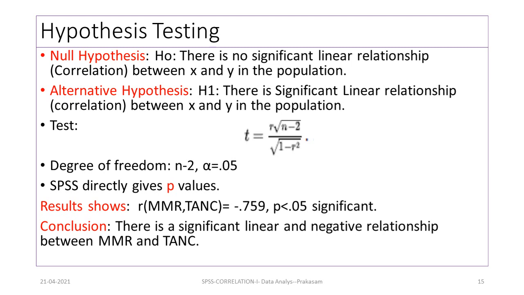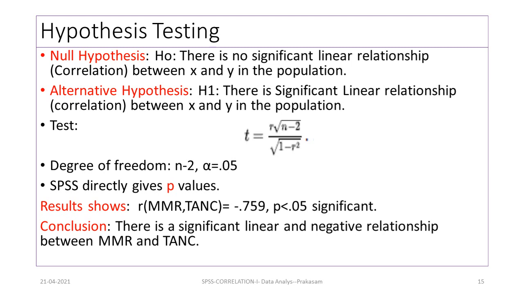Manually, the calculated r value will be substituted in the small r, and the number of pairs we have here is 12, so n minus 2 will become 10. Substituting the values, we can calculate directly, and the calculated value will be minus 0.759.